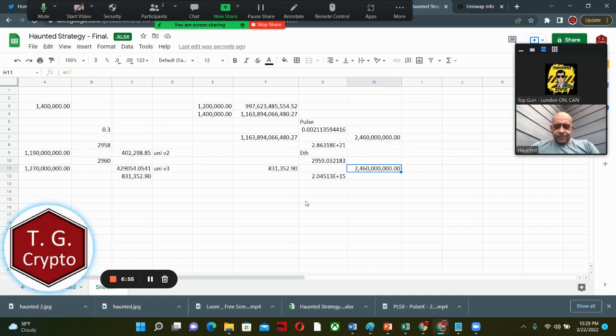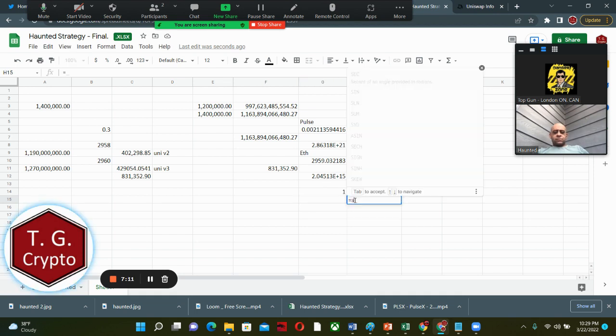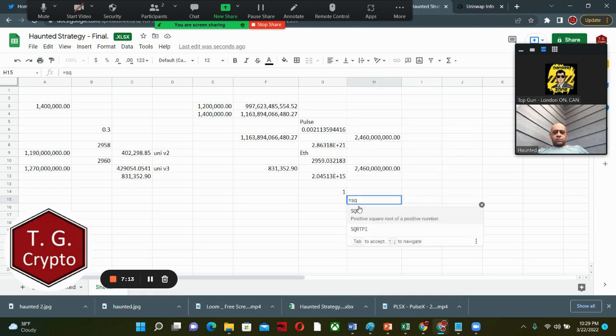So I can rewind the clock easy enough by, say, taking the square root. If we want to see the price at $1, if the ratio is 1-to-1, that means it's the square root of K. So this will just equal the square root of this value.